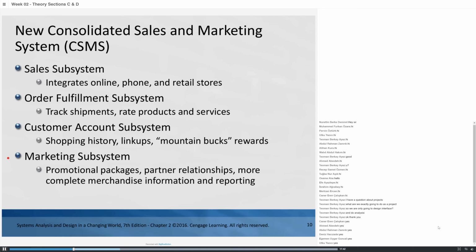Pretty much this is the outline of the new system, CSMS. CSMS will consist of those 4 subsystems. We will focus on how to create, analyze and design those 4 subsystems.